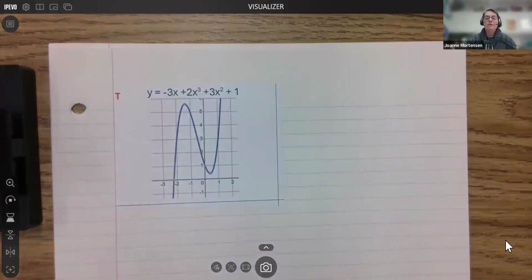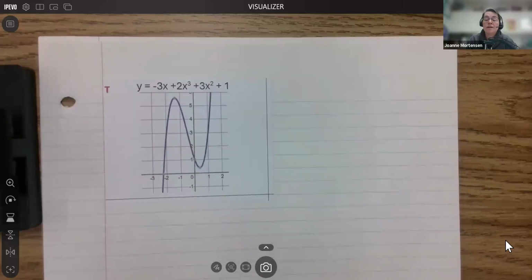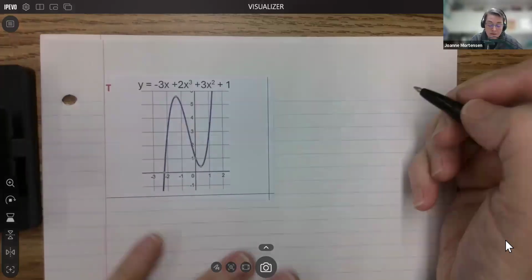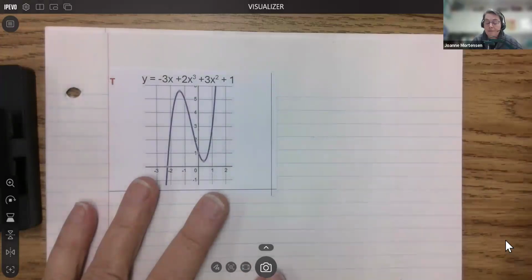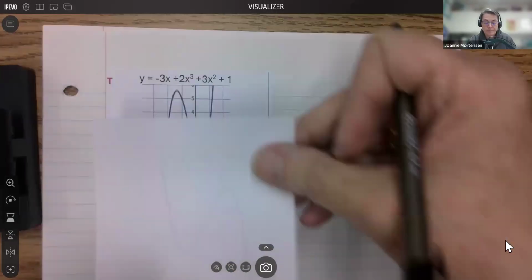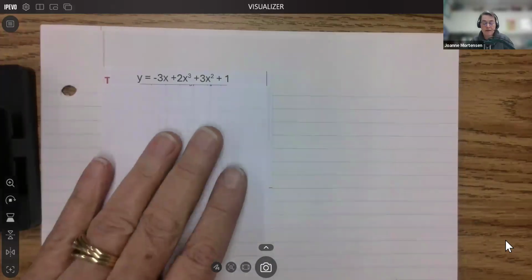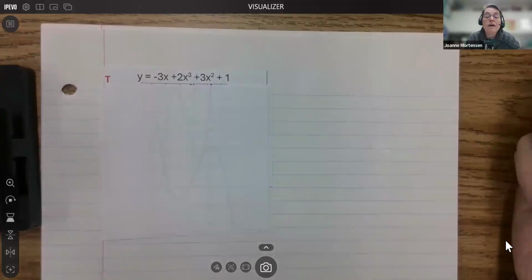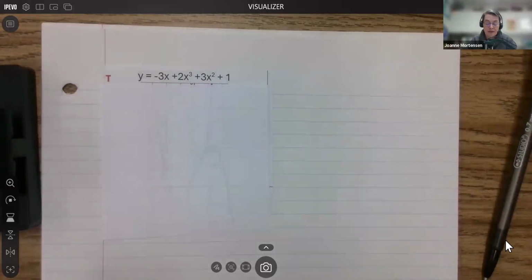Okay. So I designed these cards for a slightly different activity. So it's got both the diagram and the equation of it. So we go through and find our highest degree, biggest exponent.